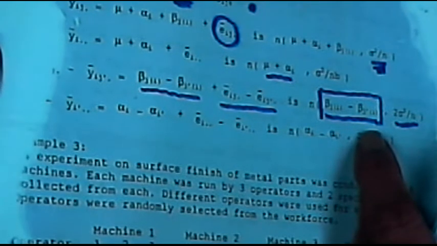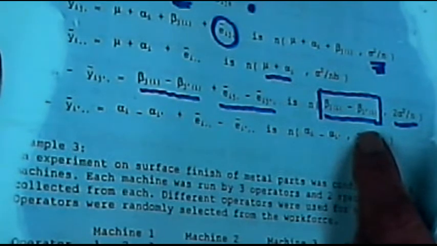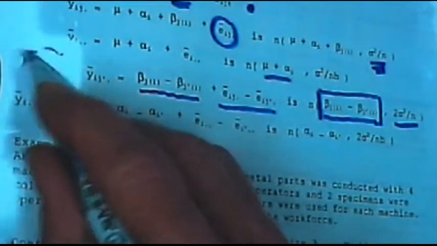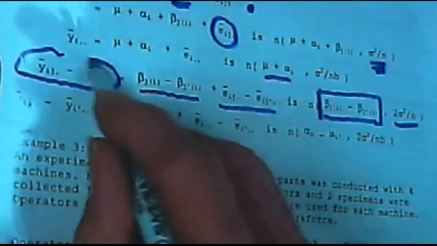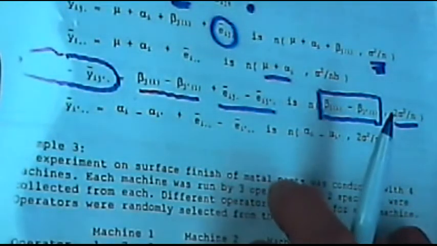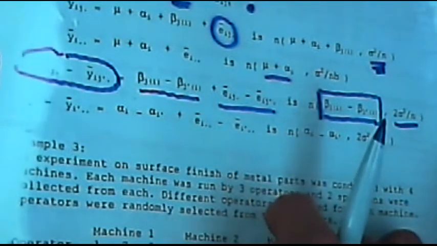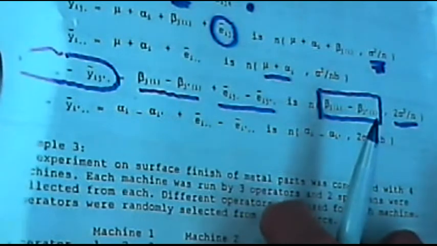And so how do we make an inference about that kind of a quantity? Well, the estimate would be over here, and we can build a confidence interval around that estimate in the usual way. So I don't display that here.